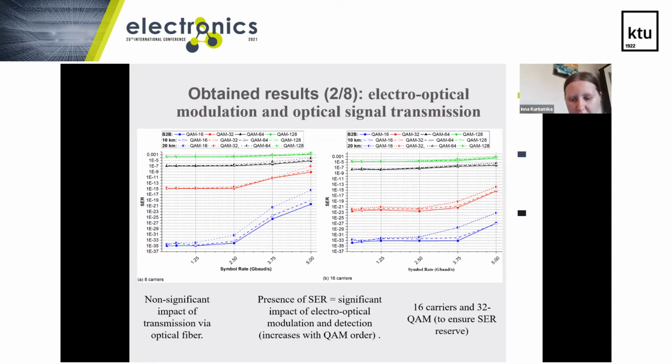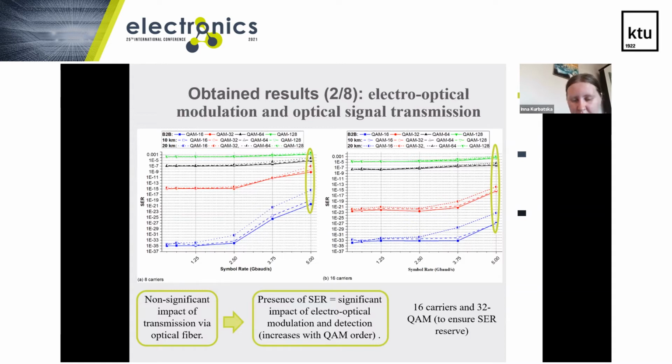What we concluded from this first step: first of all, the impact of transmission is not significant, because the difference between back-to-back, 10 and 20 kilometers is not significant. Here, for the case of QAM 16, we have some difference, but the symbol error rate is very, very small, so this is not a practically significant difference.